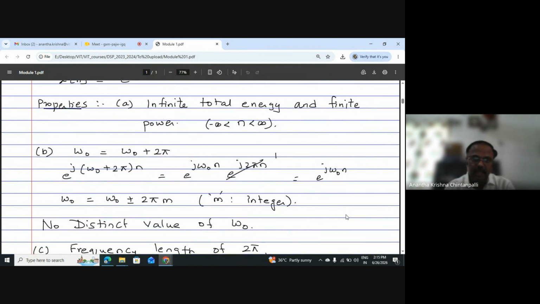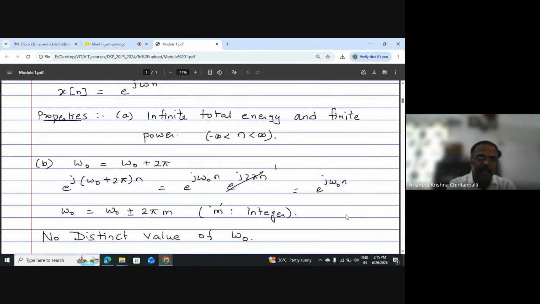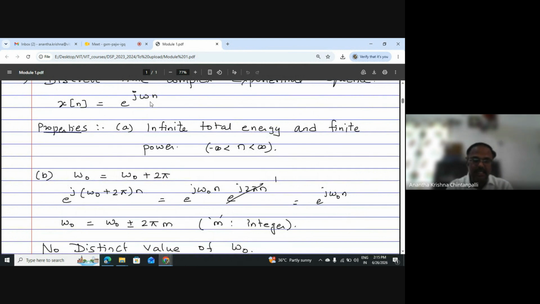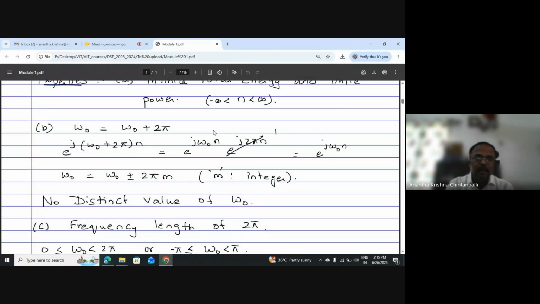The omega naught which you compute will be a distinct value, so you will not get the same omega naught again after some point in time. This only happens in the discrete case because of the fact that in e to the power of j omega n, your n is an integer. That is why you will have no distinct value of omega naught. Omega naught will repeat after some time, and what is after some time is nothing but plus or minus 2 pi m. Because of that, the frequency length has to be 2 pi.